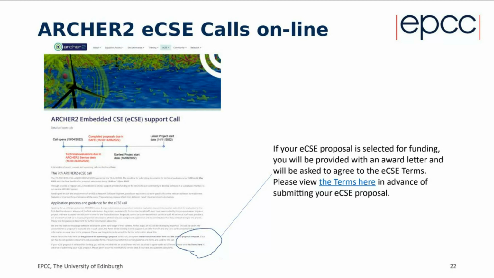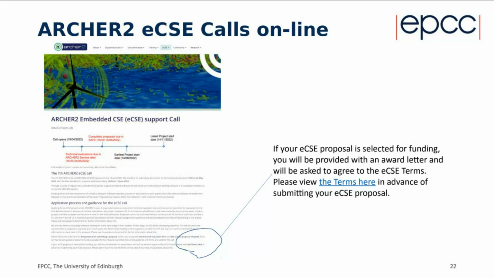It is worth having a good look through that and passing that on to your research department just to check that they're happy with that, because you will have to accept these terms if your proposal is accepted. And these terms are fixed. We don't negotiate them project by project. So please do take a look at that and make sure you've checked that through with your department.